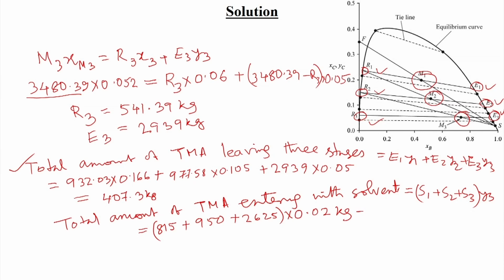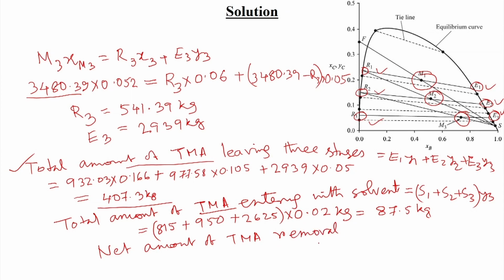This small amount is 87.5 kg of trimethylamine that has entered. But we have seen that a total of 407.3 kg of trimethylamine is extracted. So now we can see the net amount of trimethylamine removal.